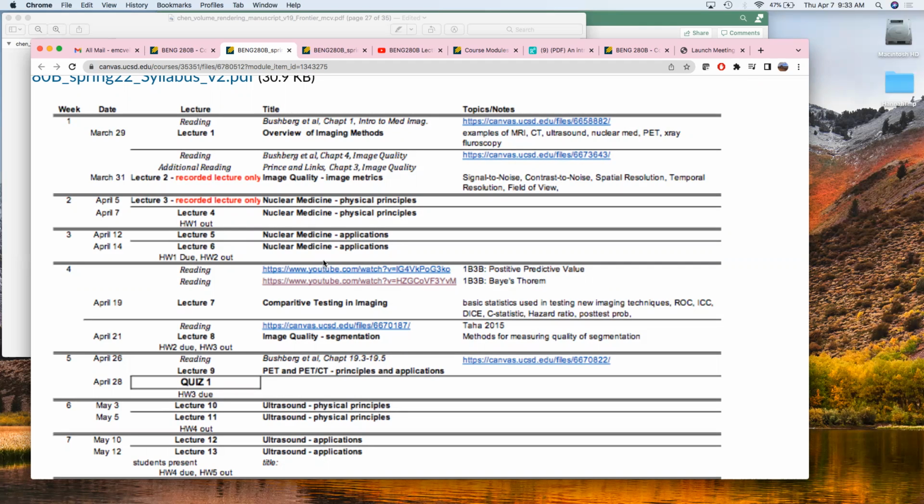We'll then look at some comparative testing and image quality, basically about segmentation. Segmentation is the process of taking an image and selecting different tissue types and just isolating those tissue types and making a model based on that. And it's a huge part of medical imaging in research, is getting the segmentation done properly.